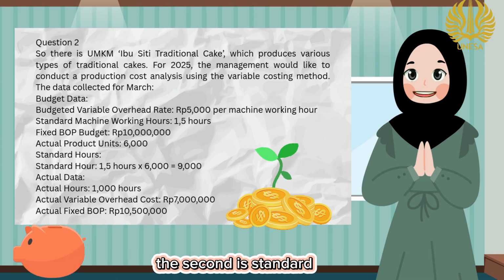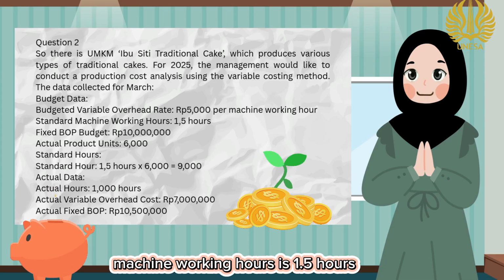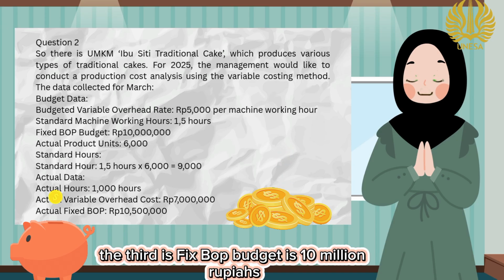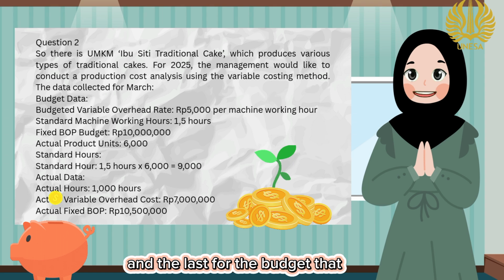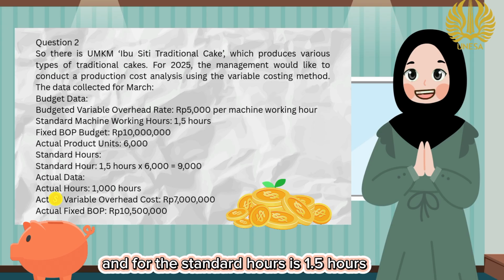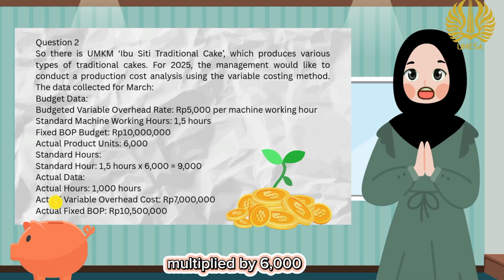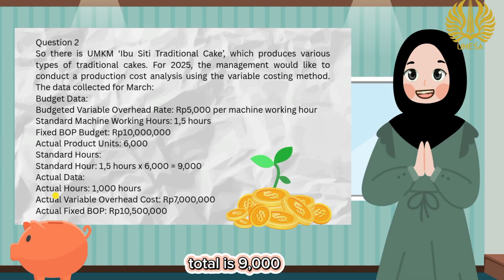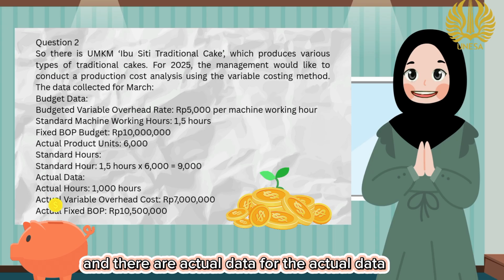The second is standard machine working hours, 1.5 hours. The third is fixed BOP budget, 10 million rupiah. And the last budget data is actual product units, 6,000. The standard hours are 1.5 hours multiplied by 6,000. The total is 9,000. And there are actual data.